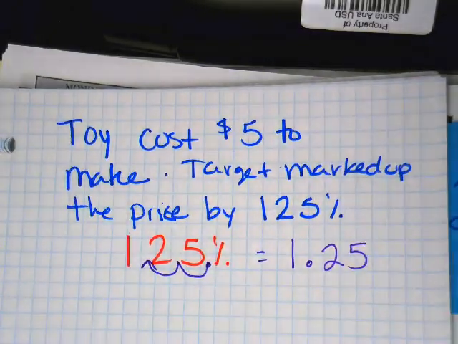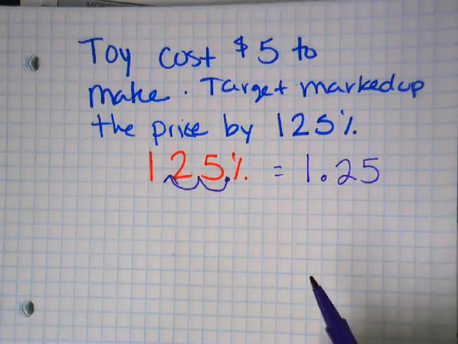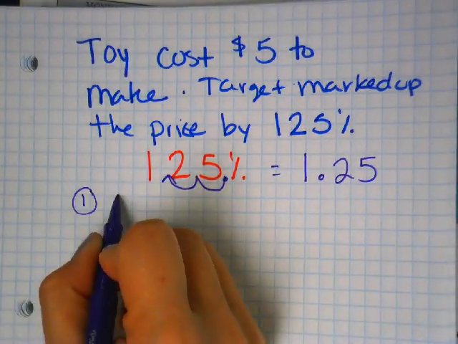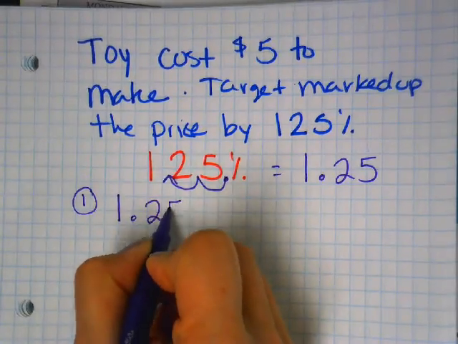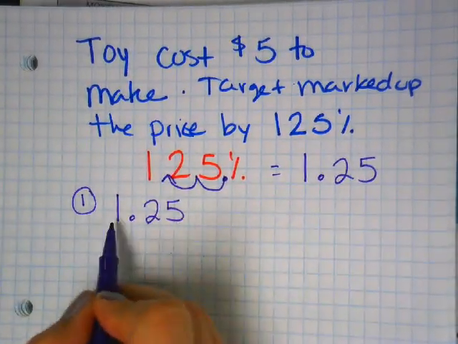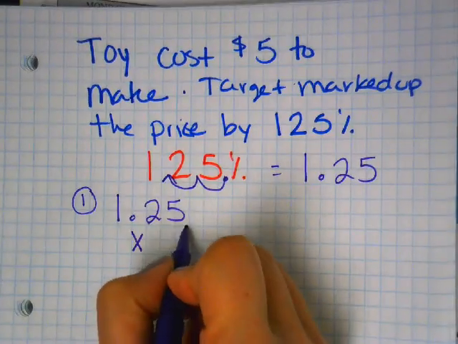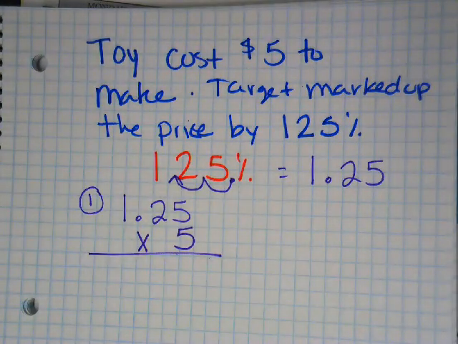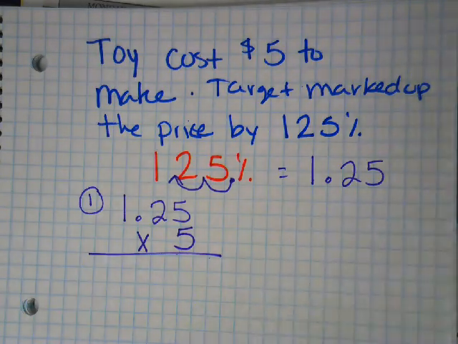Thank you, Miss Vanessa. So, this is tricky. Step number 1: 1.25 times 5. I'm going to put 1.25 on the top because it has more digits.